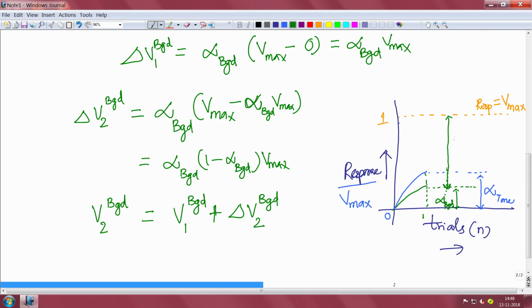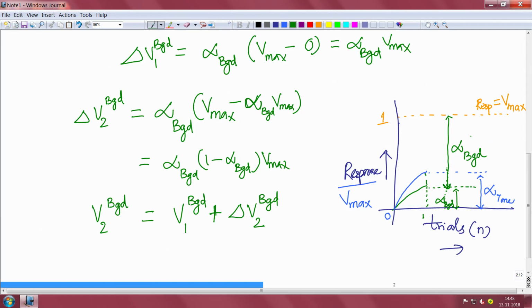So, it is going to accumulate alpha background fraction of this remaining V max minus V max into 1 minus alpha background, or V max minus alpha background, the present, what we have written here.